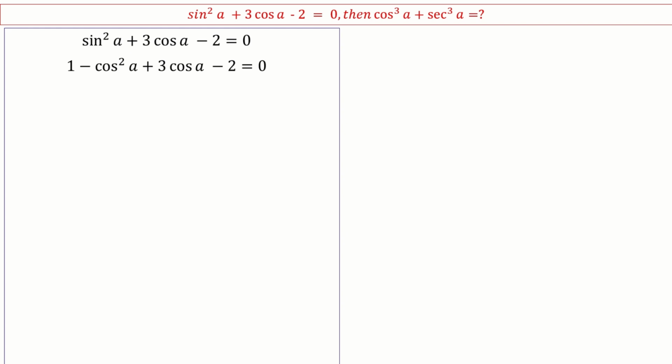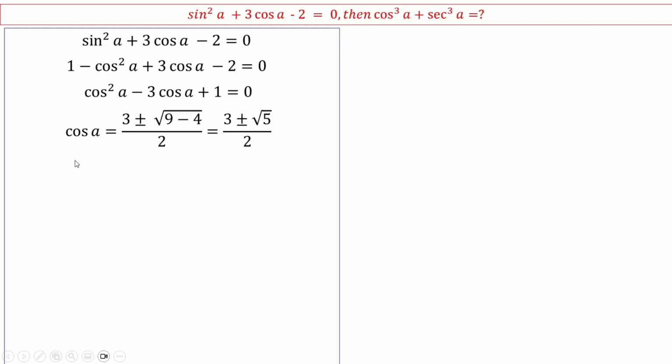Now you can clearly see a quadratic equation forming in cos a as the variable, correct? So we can write it as cos square a minus 3 cos a plus 1 equal to 0. If I apply the quadratic formula, I get cos a equal to 3 plus or minus square root of b square minus 4ac, which is 9 minus 4, divided by 2.